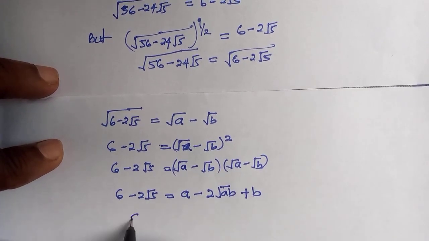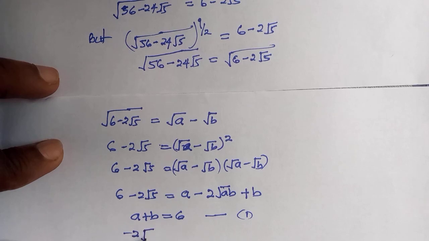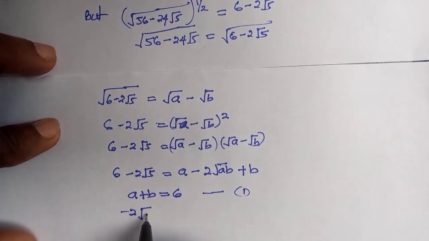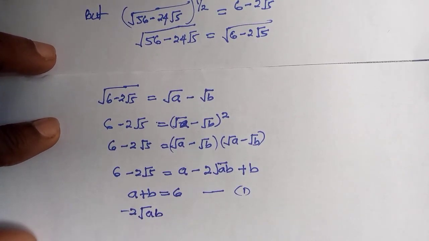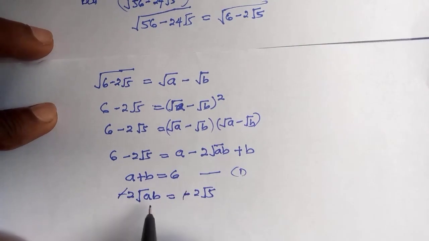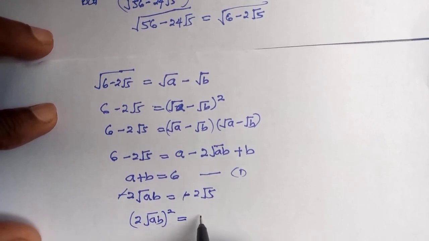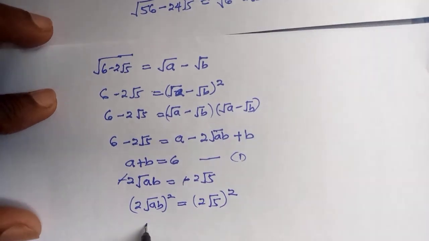So by doing the comparison, we have a plus b equals 6. Let's call this one equation 1. And minus 2 root ab equals minus 2 root 5. This cancels, we have 2 root ab all squared equals 2 root 5 all squared, just to eliminate the square root, that's why I take the square.